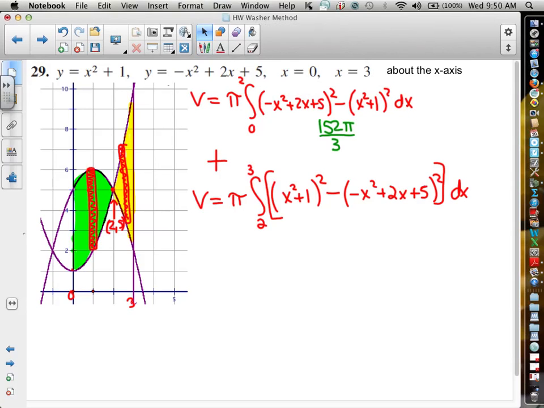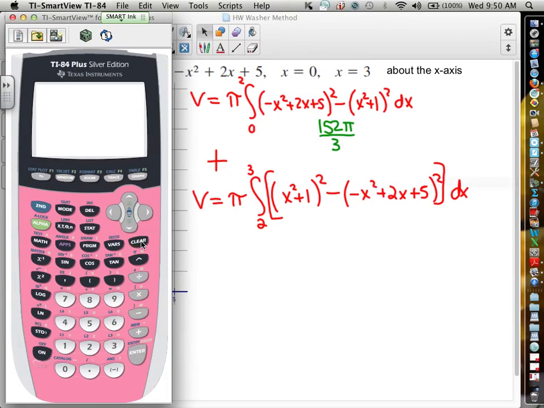We're going to do the same thing for the second piece. We'll just add these two volumes together then. So I just got to type it in the opposite order. X squared plus 1, and it's squared, minus the negative x squared plus 2x plus 5, that's squared.